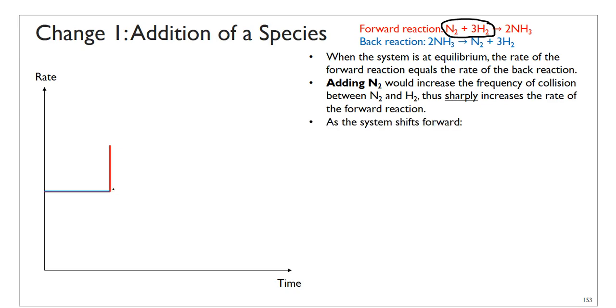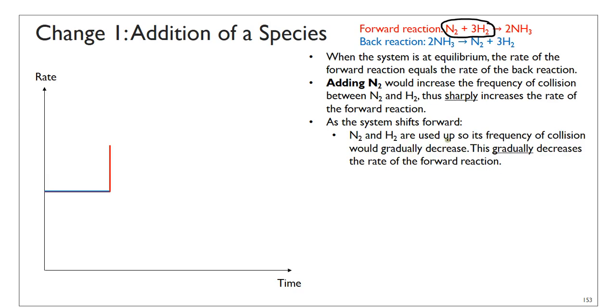Now, the system will shift forward to respond to this change, and as the system shifts forward, nitrogen and hydrogen will be used up. So if you are reducing the amount of nitrogen and hydrogen, you would also gradually reduce the frequency of collision between these two species, and that is going to gradually reduce the rate of the forward reaction.